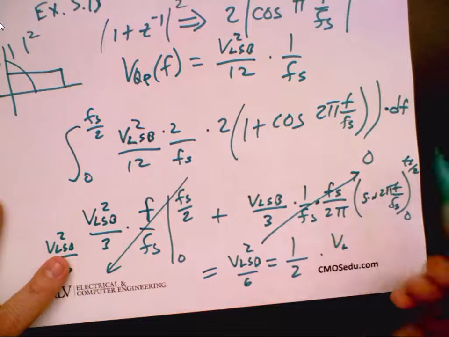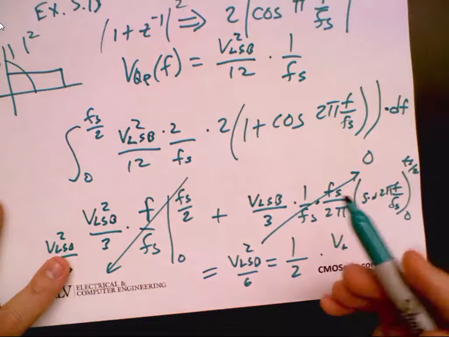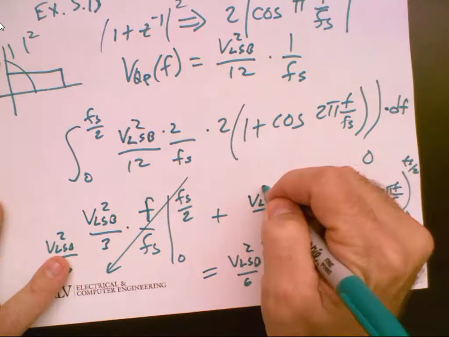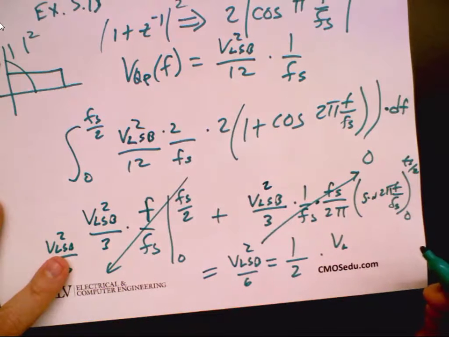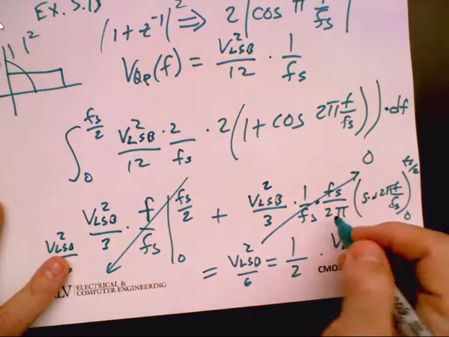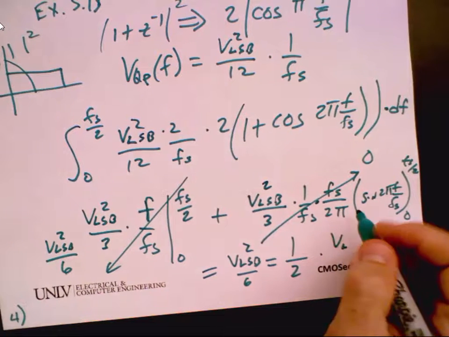Oh, wait. Yeah, so this is squared. And then it doesn't matter because this goes to 0. But did I do this wrong in the book?